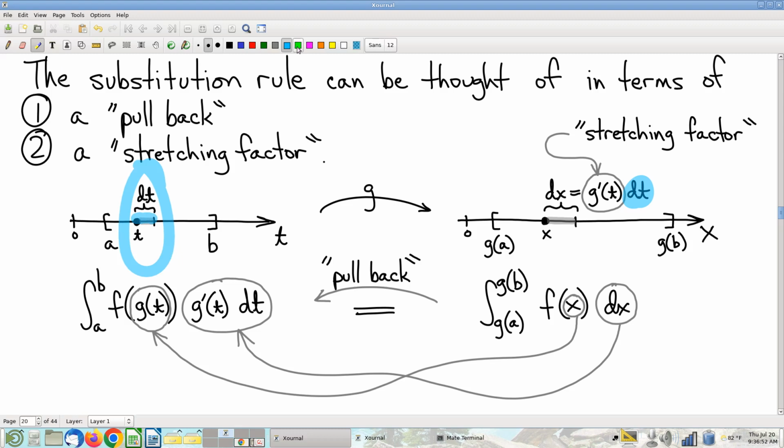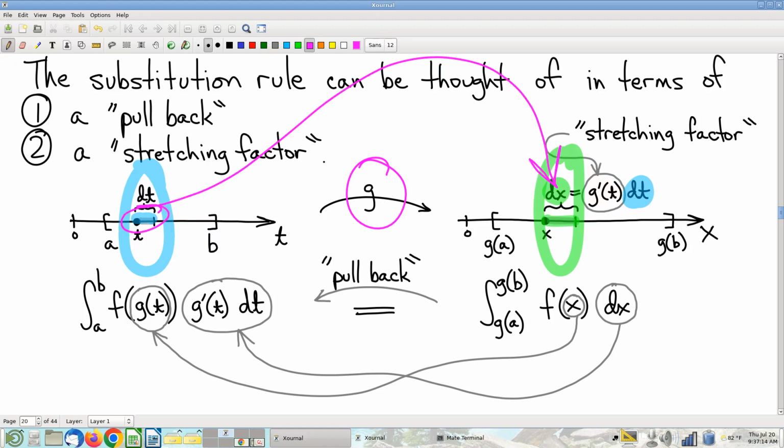And this little thing dx here, I can think of that as being, well, the size of the image of that thing over here on the x-axis. So I can literally think of what g is doing to this little interval, that it is taking that interval of size dt, and producing a little subinterval of size dx.